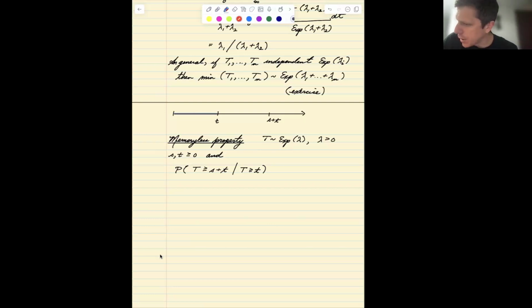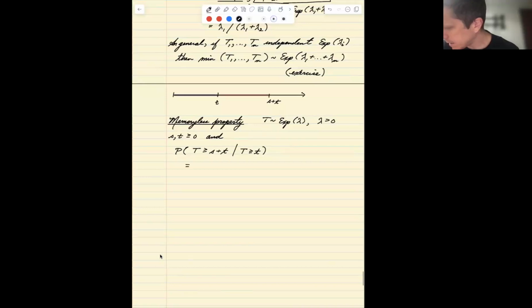What's the conditional probability that we wait actually s plus t units of time, given that we've already waited t units of time? Well, let's try to calculate this. This is just a conditional probability. So it's the probability that T is bigger than or equal to s plus t, and T is bigger than or equal to t.